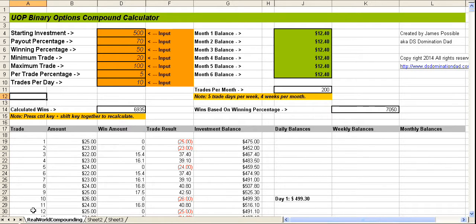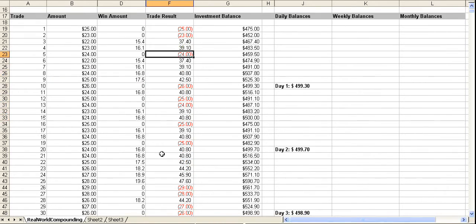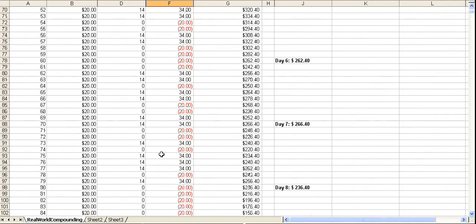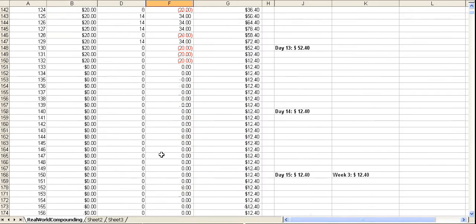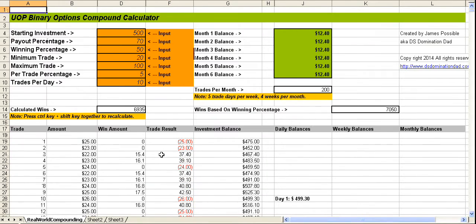And the way we adjust that, now keep in mind that this calculated wins is all random. See, the red is loss. Then you have 2 wins. You have a loss. The way the wins and losses play out, it's all random. There is nothing I can do to change that.